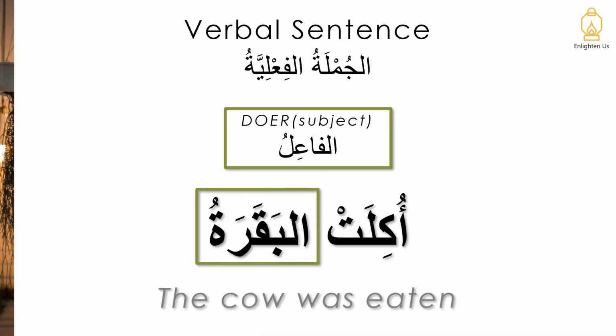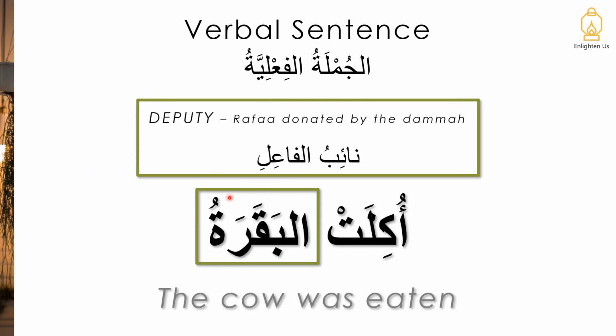You'd be forgiven if you thought, well, al-baqaratu is our fa'il because it has a dhamma, it's in rafa, surely it's our fa'il, although that doesn't make logical sense in the sentence. Rather, what happens in this circumstance, what would have been the maf'ul bih, what would have been the object had it been, for instance, akala rajulu al-baqarata, is promoted.